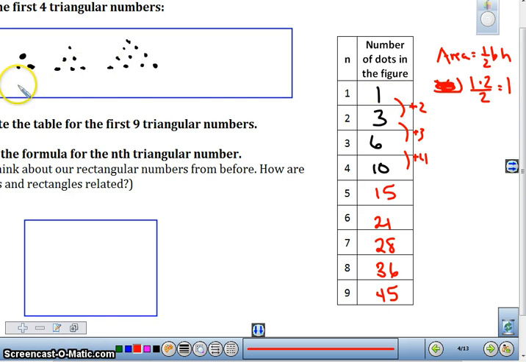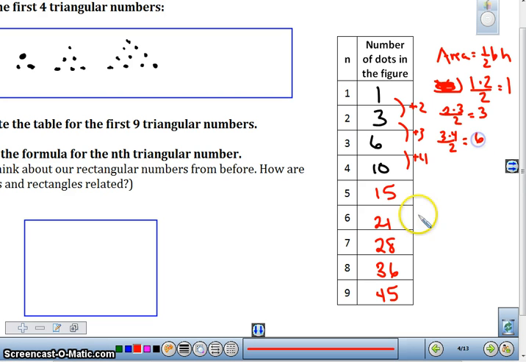If we take the area of the next triangle, we take 2 times 3, taking 2 times the next number down in our table, 3, and divide it by 2, we get 3. So we're always looking for patterns. We saw the pattern where we were adding. Now we want to look for a pattern of how did we get these numbers? How did we get 6? Oh, 3 times 4 divided by 2.